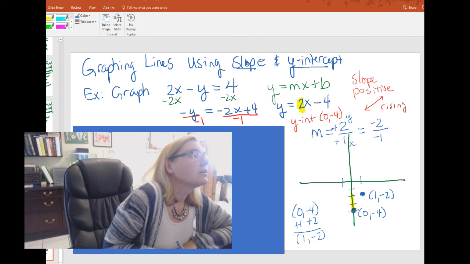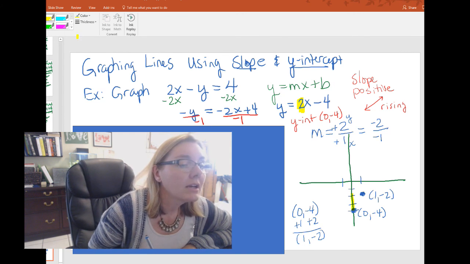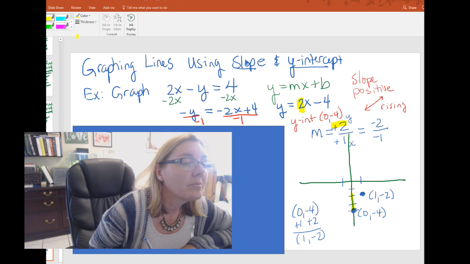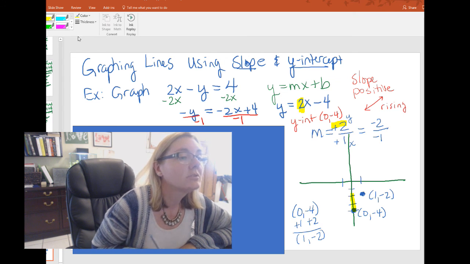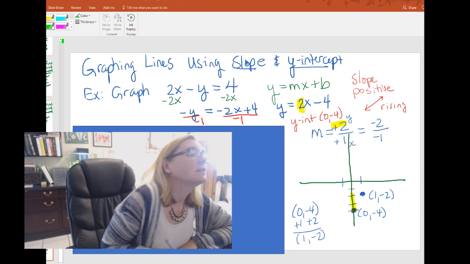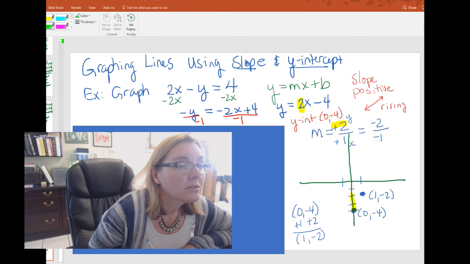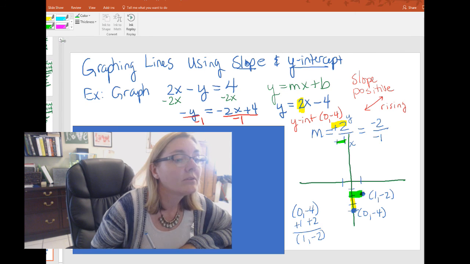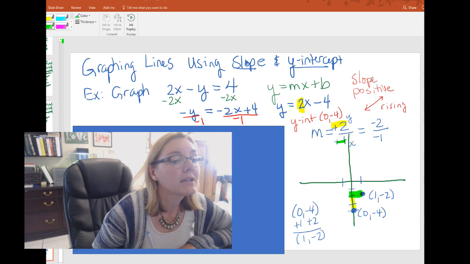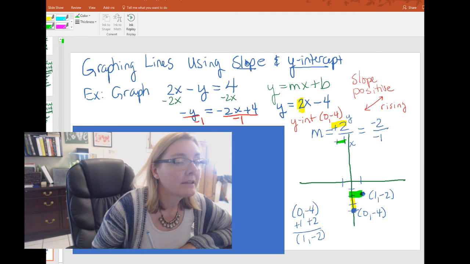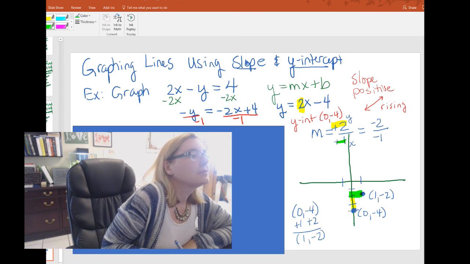Okay. So if we had gone rise is up 2, we would have gone up 2. And if we had done run is to the right 1, then I would go to the right 1, and I would have gotten to the same place. Okay? Assuming I did it right, of course.